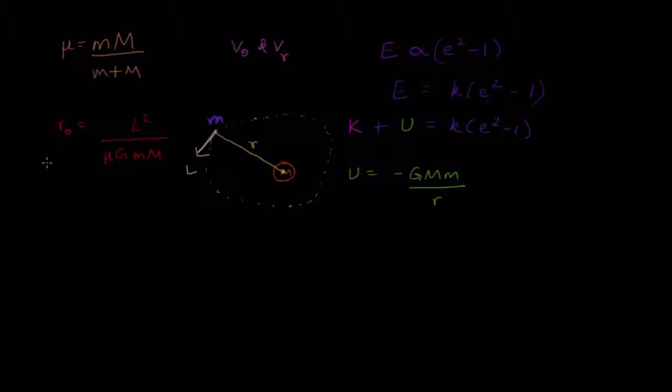So R naught is actually called the semi-latus rectum. And this value is L square by mu G small m into capital M. The orbital equation of this body would be r equals r naught by 1 minus e cos theta, and this e happens to be our eccentricity.